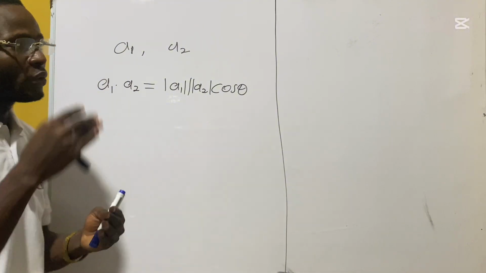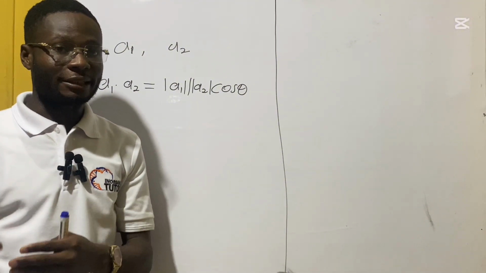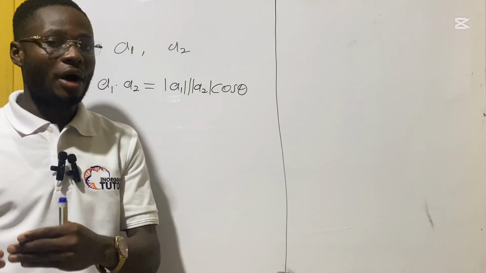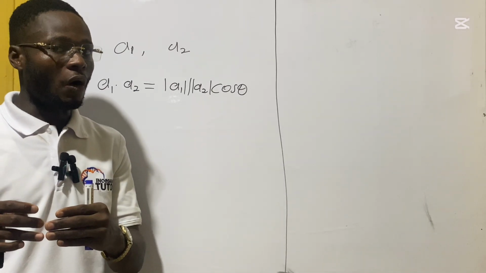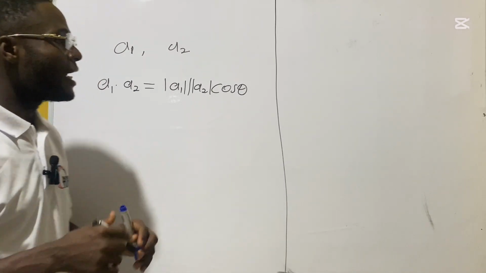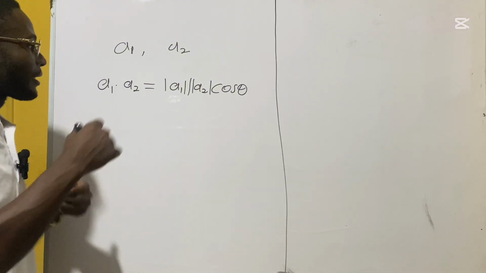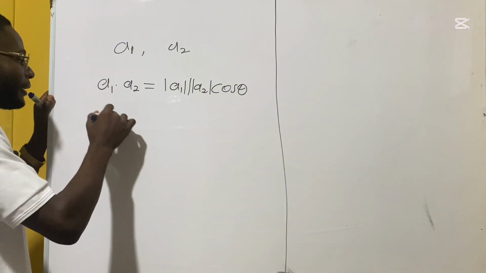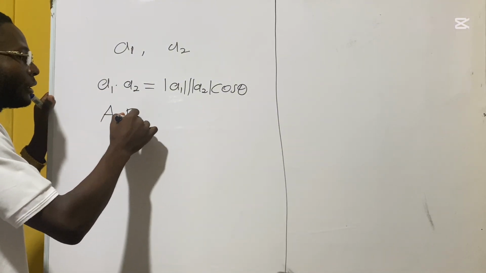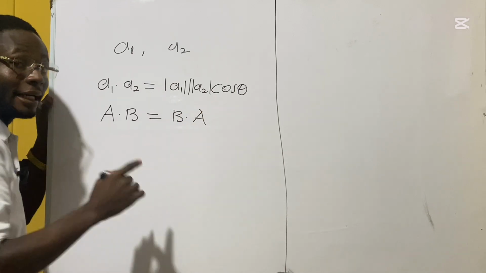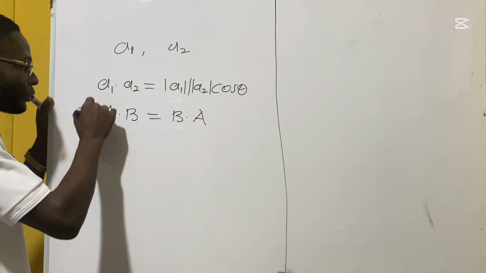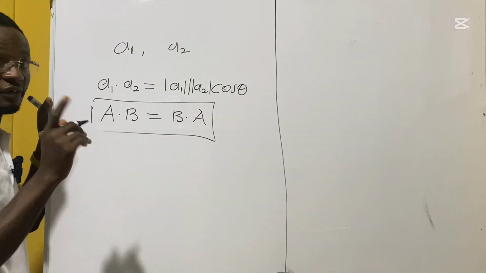Now let's look at some common properties you have to know under the scalar product or dot product. The first property is A dot B is equal to B dot A. That is very important.